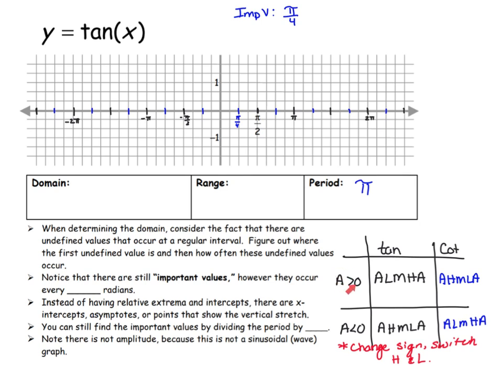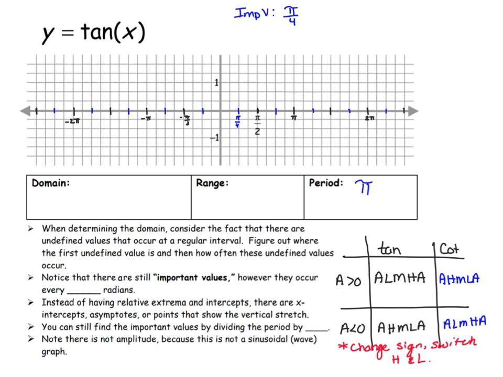If your A value is greater than 0, your actual tangent pattern is going to be asymptote, middle point, low point, middle point, high point, asymptote. If your A value is less than 0, you're going to have asymptote, high, middle, low, asymptote.